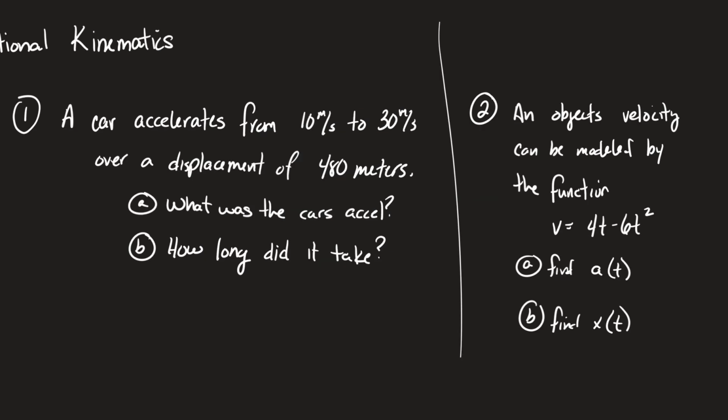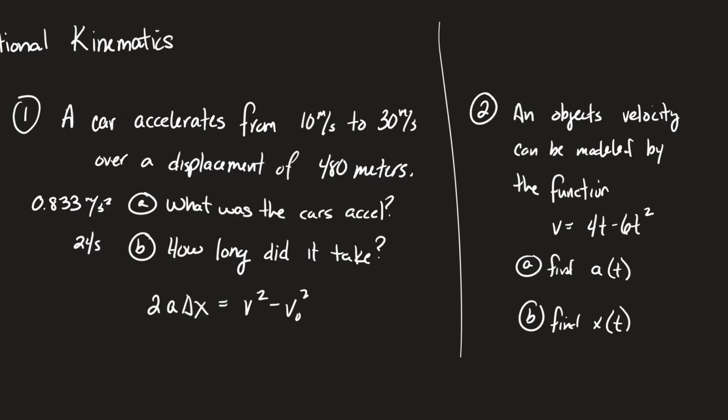If you remember good old-fashioned motion equations, you would have gotten an acceleration of 0.833 meters per second squared, and it took 24 seconds. You just needed to pick the appropriate motion equations, which in this case would have been 2 a delta x equals v squared minus v naught squared.